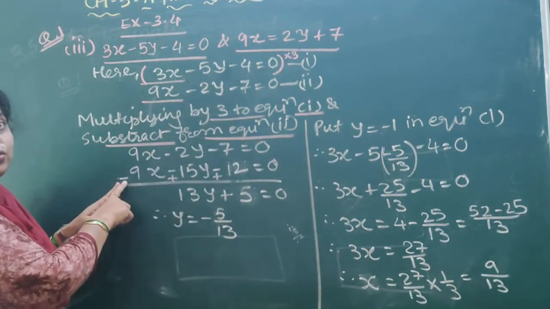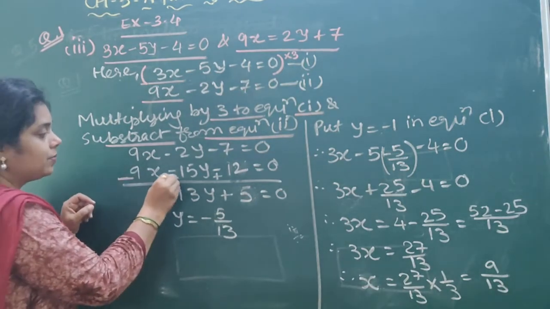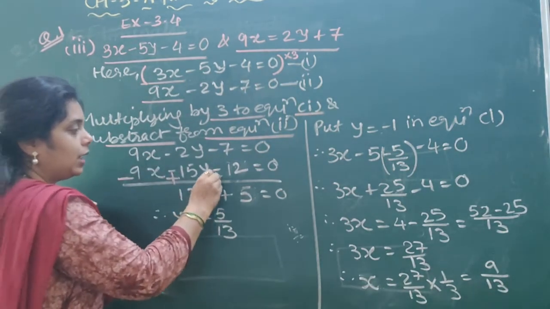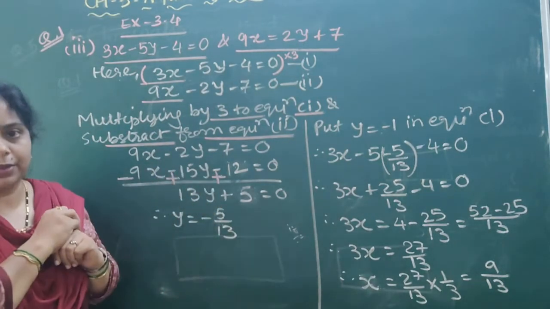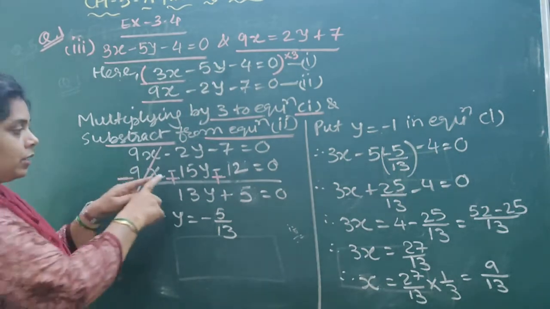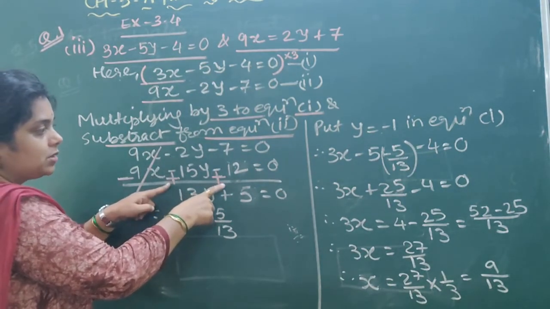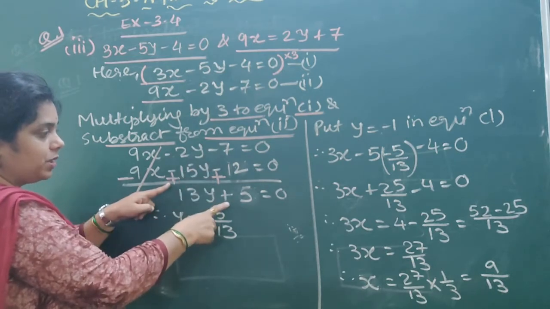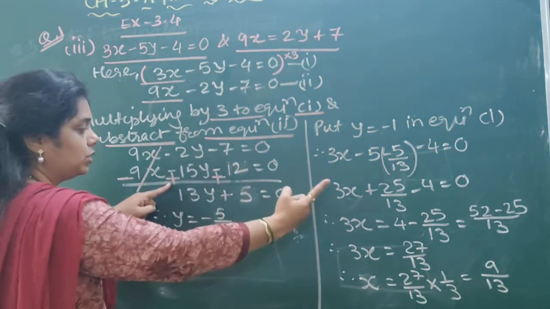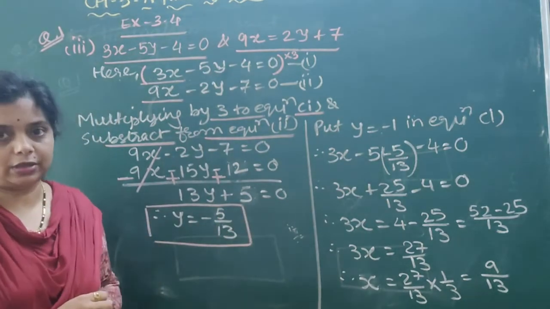As we have to do a subtraction, we have to change the signs. Here it is plus, and again here it is plus. So plus 9 minus 9 cancel out, plus 15 minus 2, so 13y, plus 12 minus 7, so plus 5. Now this 5 goes to the other side, so y is equal to minus 5 by 13.